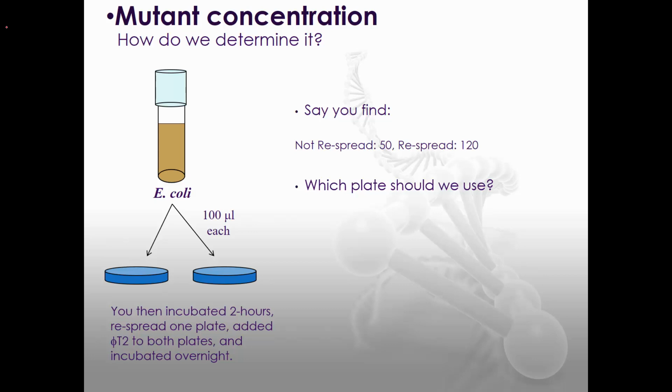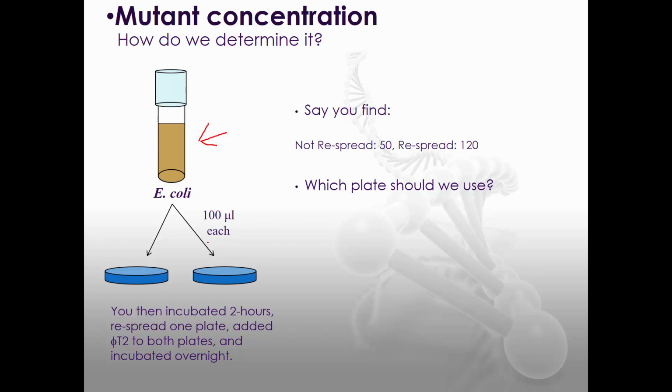Well, the answer is we want to use the plate that represents the actual number of mutants in the original tube when we did the experiment, right? We took a sample from here, 100 microliters of it, and put it on these two plates, and then asked how many mutants we had.